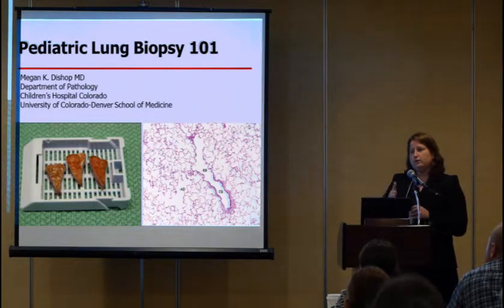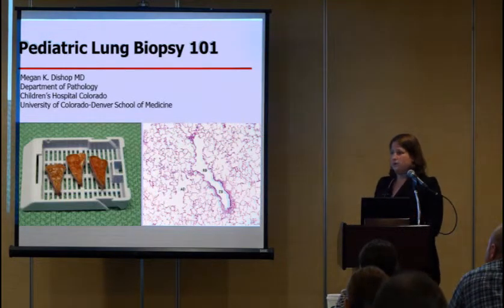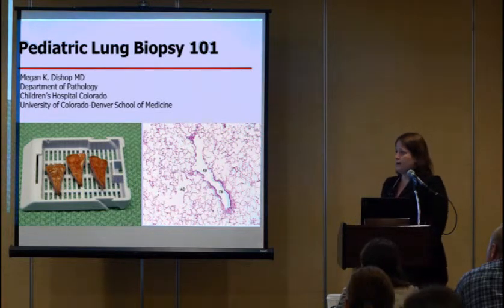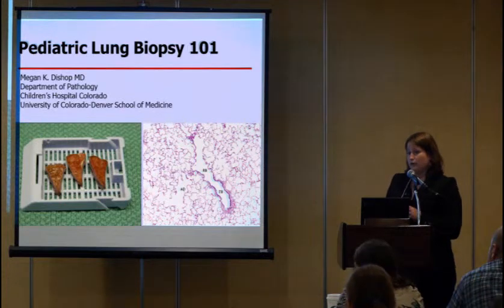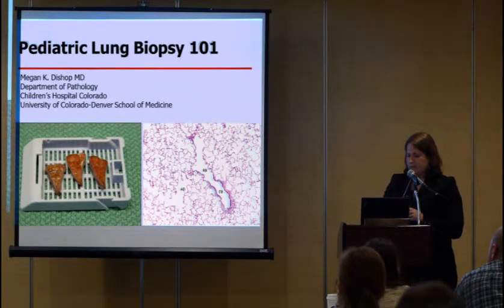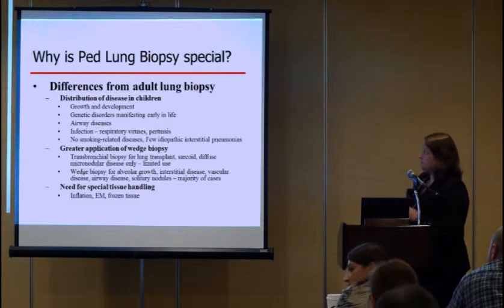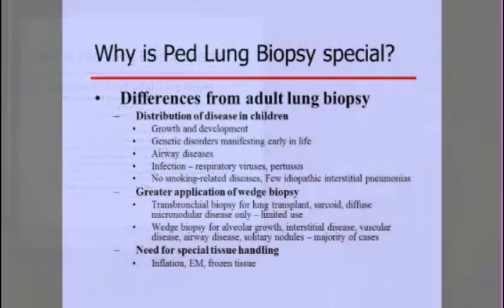At some point, sort of late in the diagnostic process, you might be asked to consider a lung biopsy. So that's what I want to tell you some things about, and how I look at lung biopsies and the kinds of information that we can get. There are some differences in how we consider pediatric lung biopsy as compared to adults.